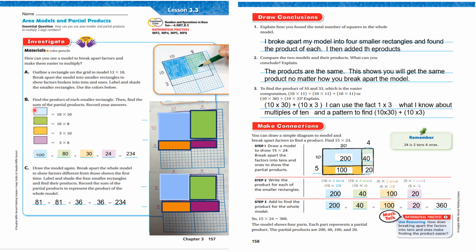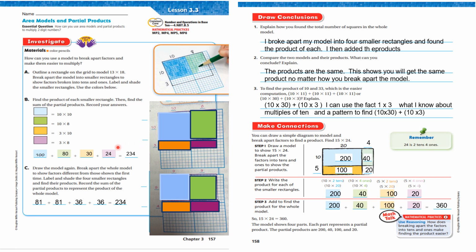Now it says find the product of each smaller rectangle, then find the sum of the partial products and record your answer. Well, they went 10 down, 10 across. 10 times 10 is 100. 8 across, 10 down, 8 times 10 is 80. 3 times 10, 3 down, 10 across, 30. 3 times 8, 24. 3 down, 8 across.